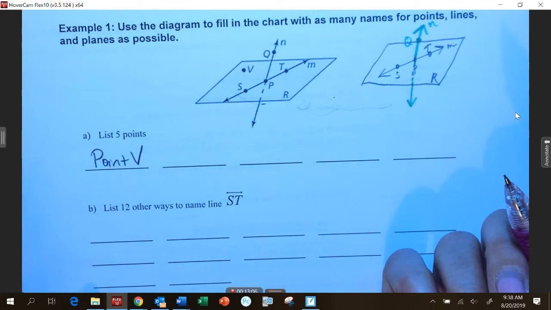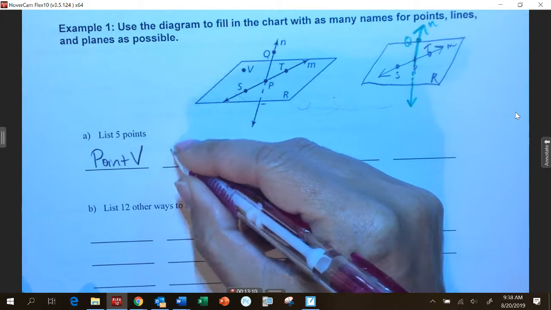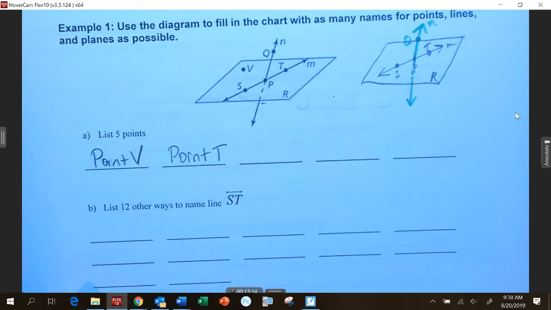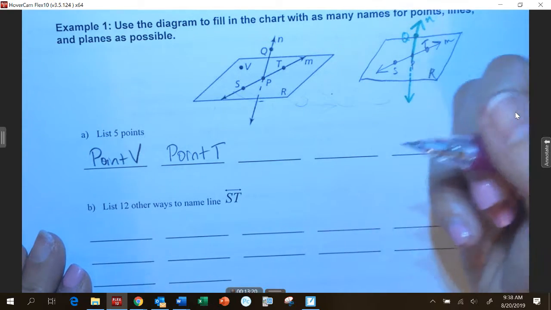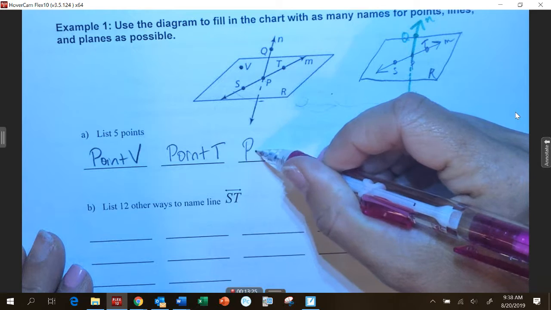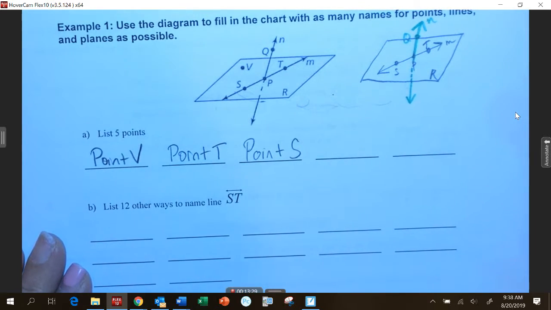Aaliyah, can you give me another point? Point, did you say T? Okay. Very good. Point T. Rachel, can you give me another point? Point F. Yes, point F. I like how you guys are saying the word point with it as well. Hayden L, will you give me another point?